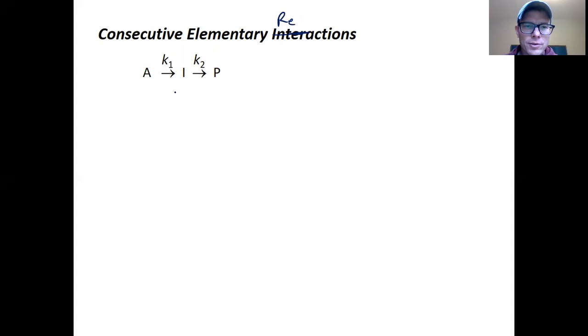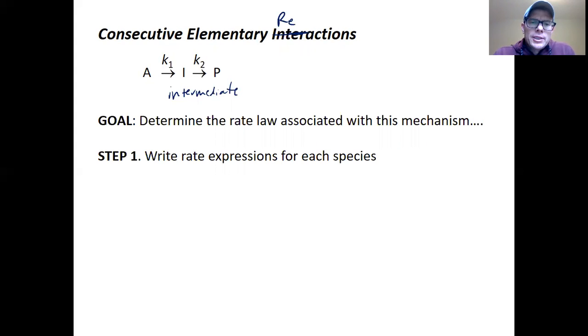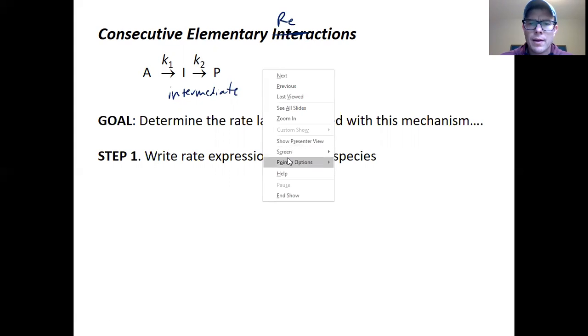A goes to some intermediate species, which I abbreviate I, and then I reacts and forms P. These are elementary steps. So there is a rate constant associated with each one of these, k1, k2. And the goal is to figure out what the rate law is. The first step in that process is to write a rate expression for each species. So here we go.